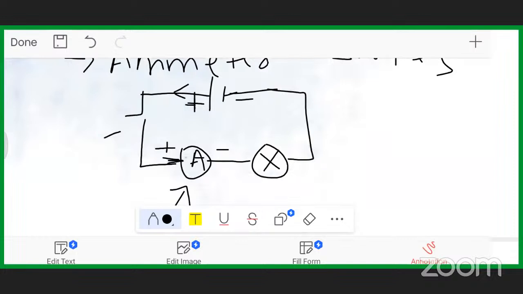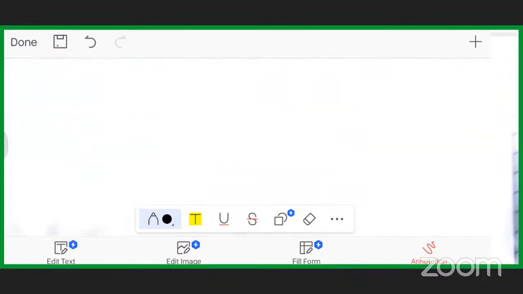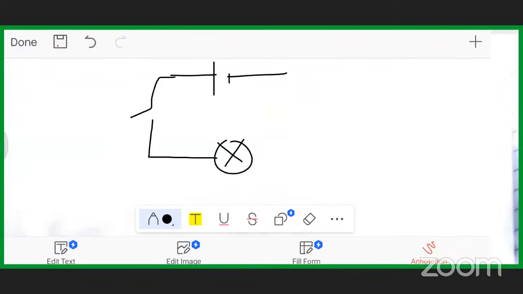And then don't connect it in parallel, because if you do, the parallel connection looks like this. You have your cell, like that. Then suppose this is a bulb, the main load in the circuit, and then you place the ammeter here. Normally current prefers a path with very little resistance, very little opposition.